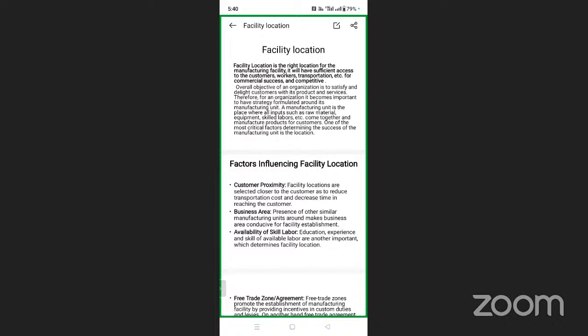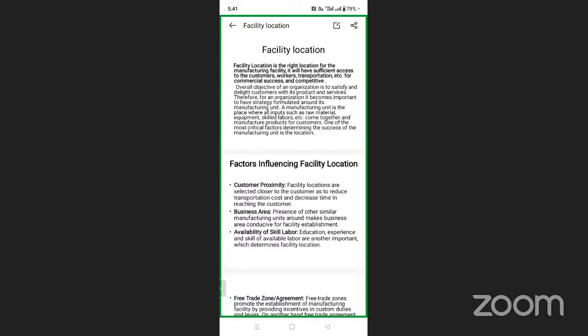That means facility locations are selected closer to the customer, to reduce the transportation cost and decrease time in reaching the customer. When you are transporting a product to the customers, first of all, you have to concentrate on how the customers will get that product in minimum time. You have to focus on decreasing time.